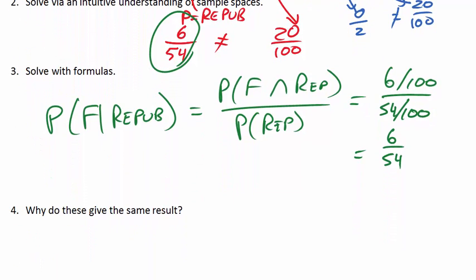So why do these two approaches give exactly the same result? In general, remember, when you're using the formulas, you're thinking in terms of the entire sample space. So both the numerator and denominator could be written with the same overall sample size denominators, which cancel out.